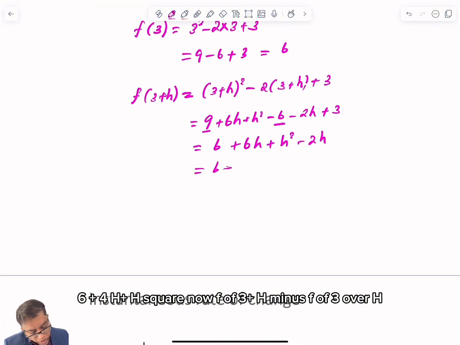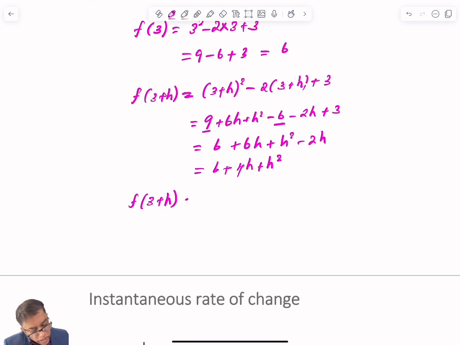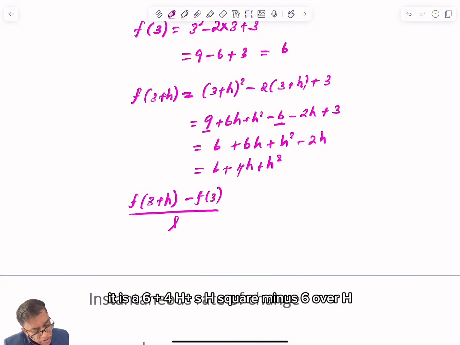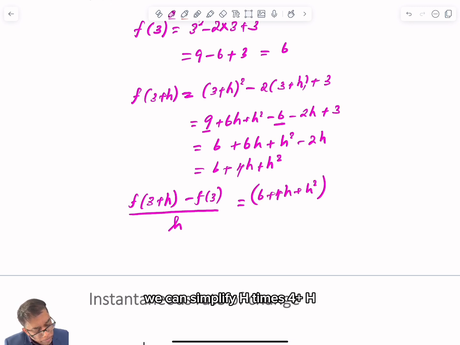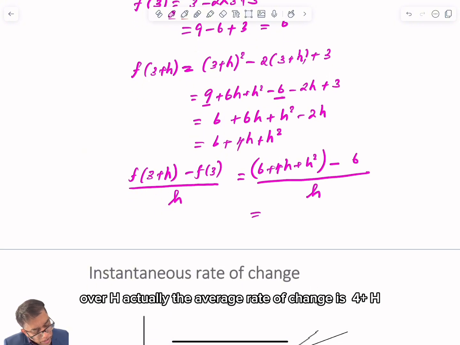Now, f of 3 plus h minus f of 3 over h, it is 6 plus 4h plus h square minus 6 over h. We can simplify: h times 4 plus h over h. Actually, the average rate of change is 4 plus h.